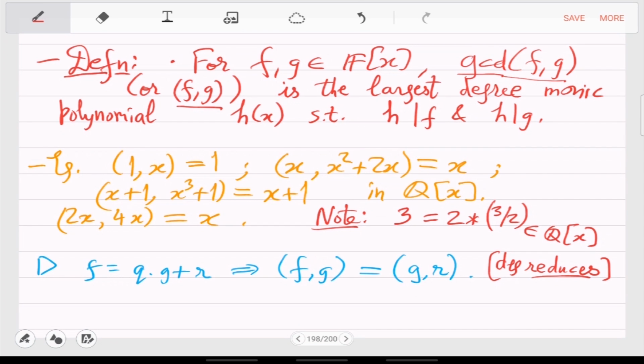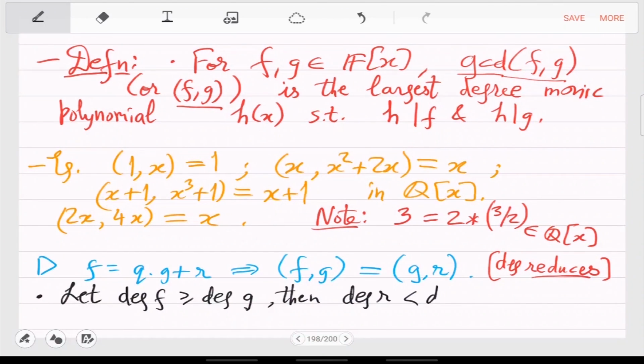Just to recall, let the degree of f be greater than or equal to degree of g. Then the degree of r is strictly less than the degree of g, which is less than or equal to the degree of f.